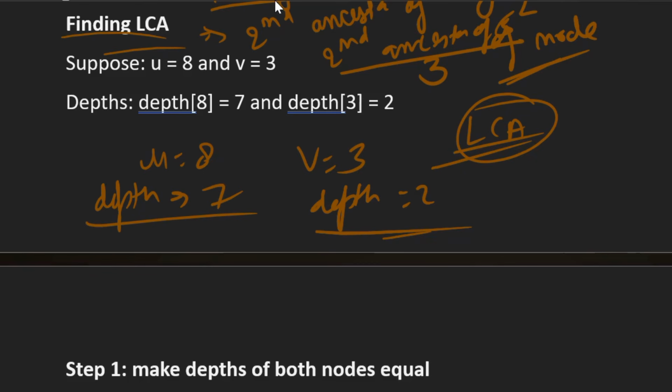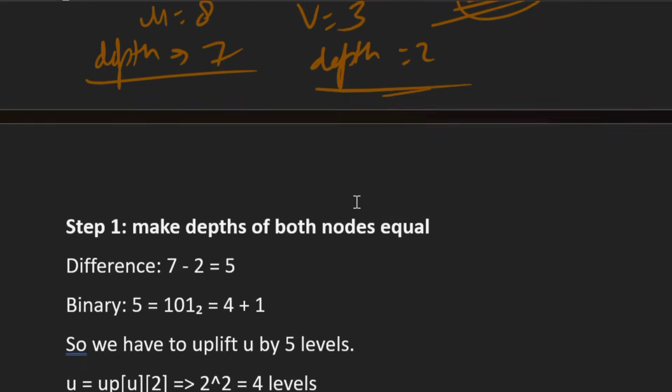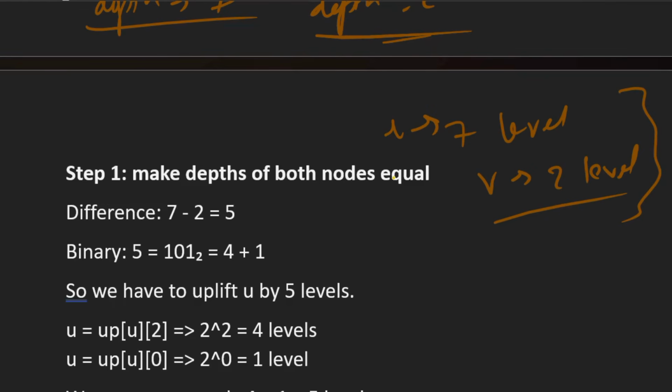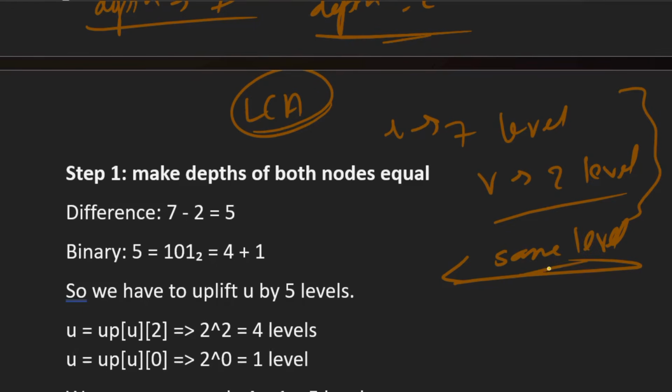So both nodes are at different levels, u is at level 7 and v is at level 2. So the first thing we need to do when we find the lowest common ancestor is make both nodes be at the same level. Here the difference in the level is 7 minus 2, that is 5.